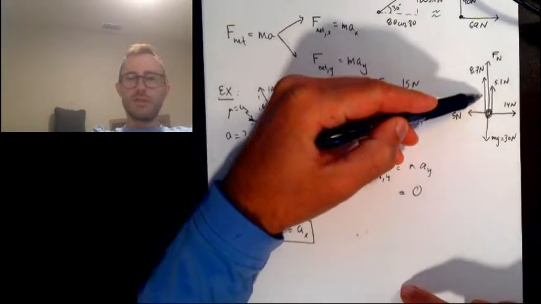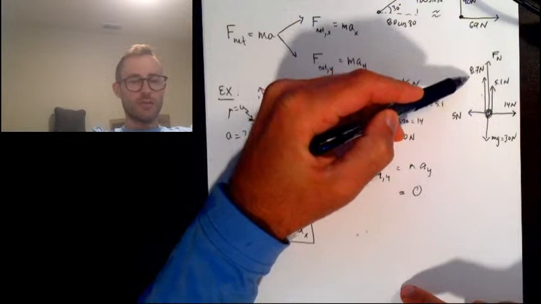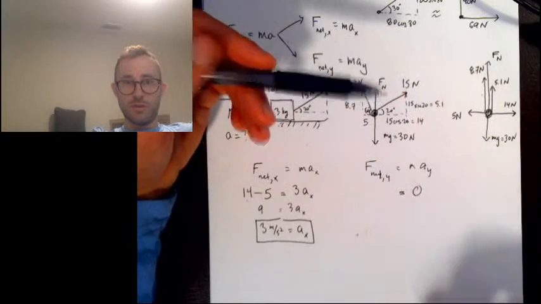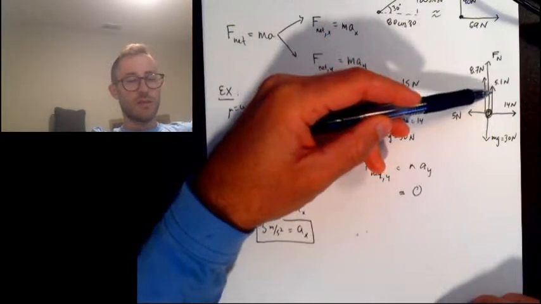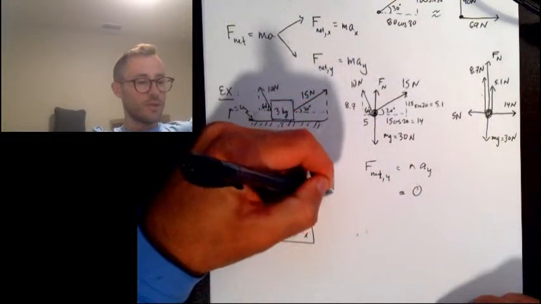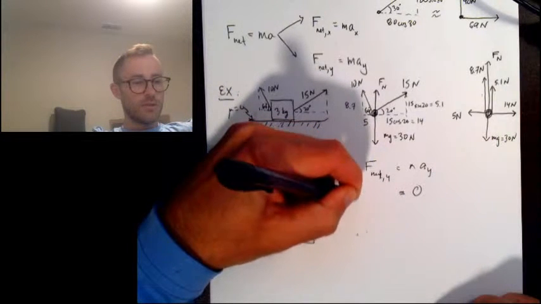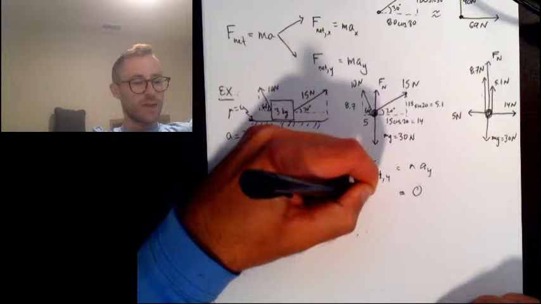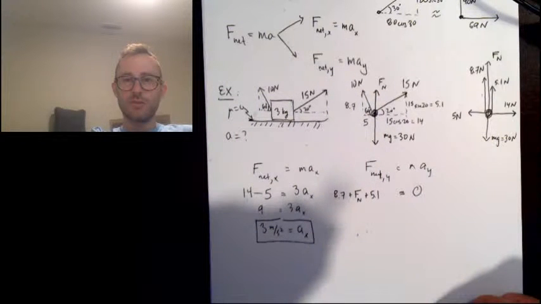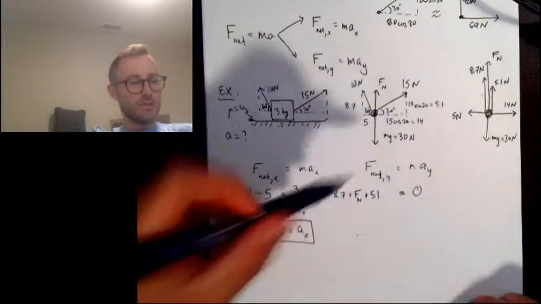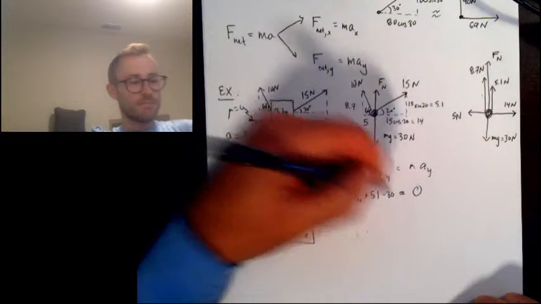So there are 3 up forces. There's 8.7 going up. There's the normal force, which is an unknown, going up. And there's 5.1 newtons going up. So we have 8.7 plus normal force plus 5.1. Those are the up forces. And the down forces are 30 newtons, so minus 30.